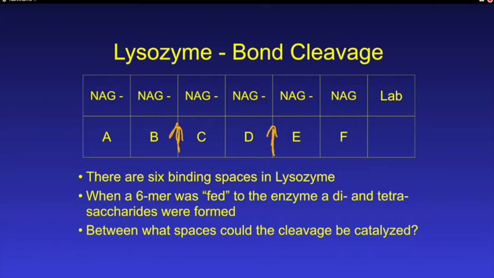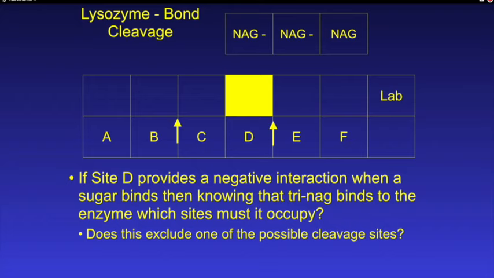Now, after some structural information was known, this is what we found out. The site D really didn't like to bind sugars, meaning that when it bound, there was a steric interaction between the 2 sugars that doesn't contribute to binding. It actually prevents binding.